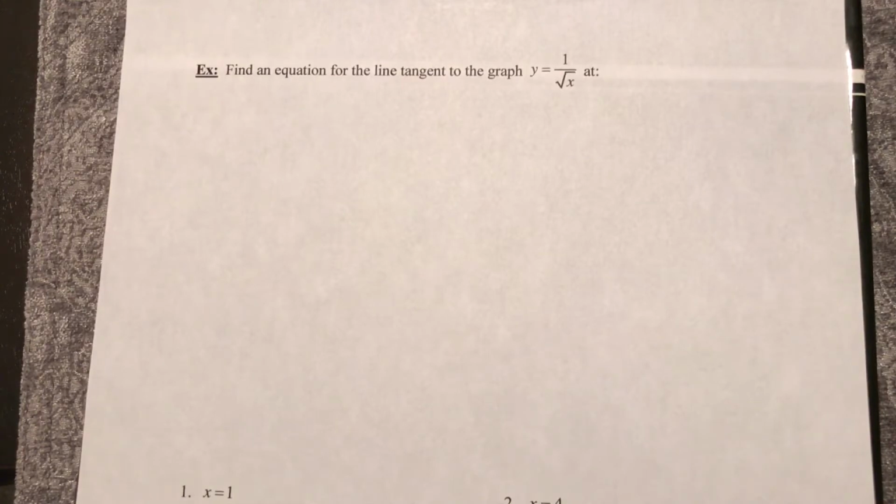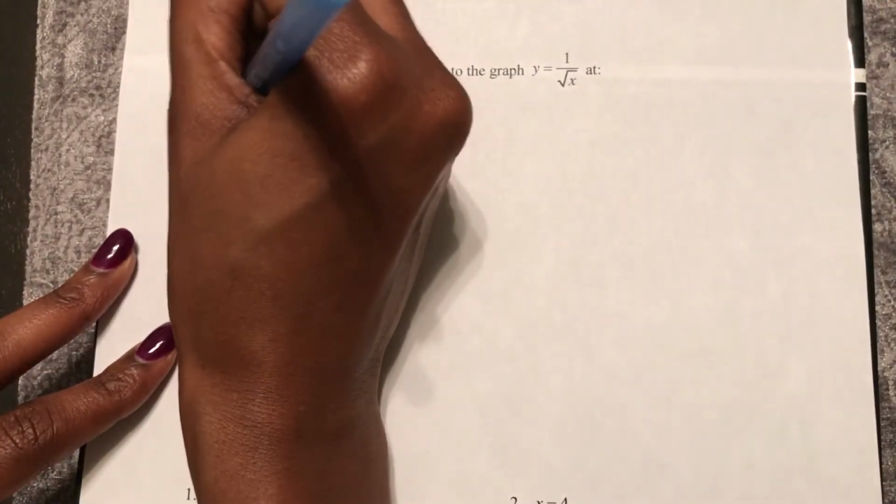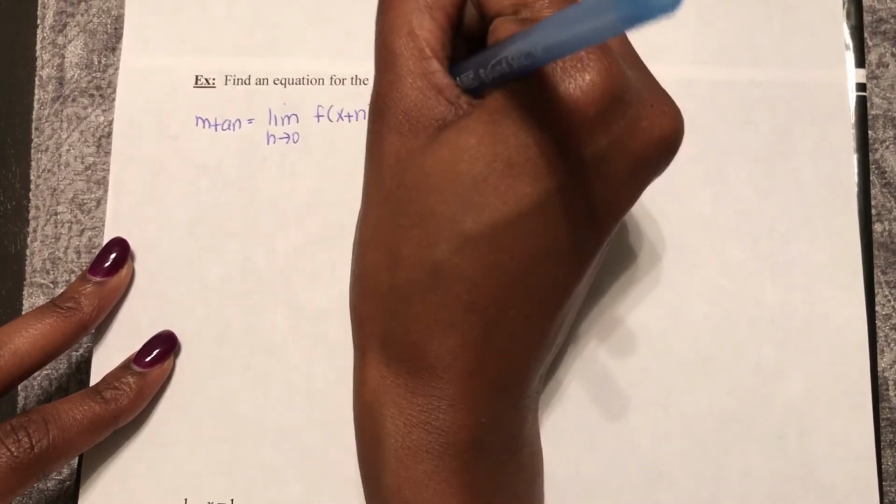It'll be more efficient. So remember, the slope of our tangent line equals the limit as h approaches 0 of f of x plus h minus f of x all over h.